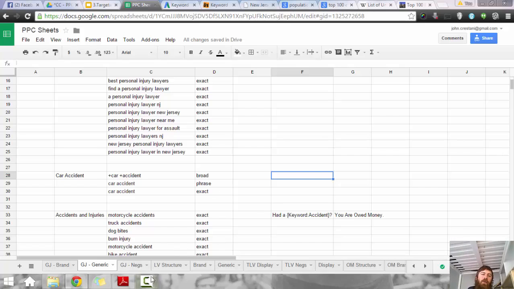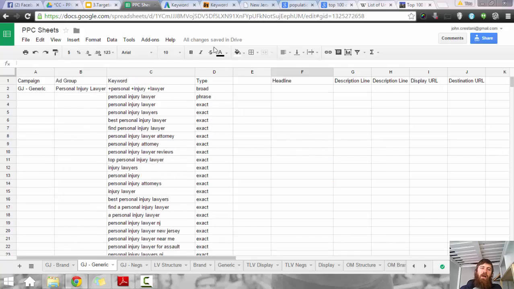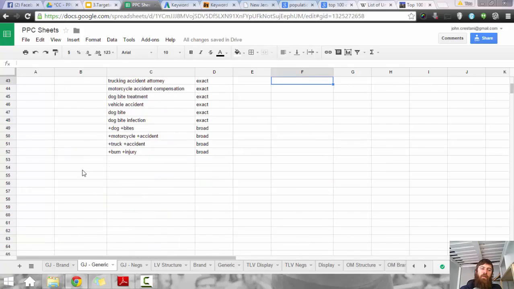Now for display, we won't do display on this because this doesn't really need display. Display is very untargeted, so we should really just start with these sorts of keywords here.